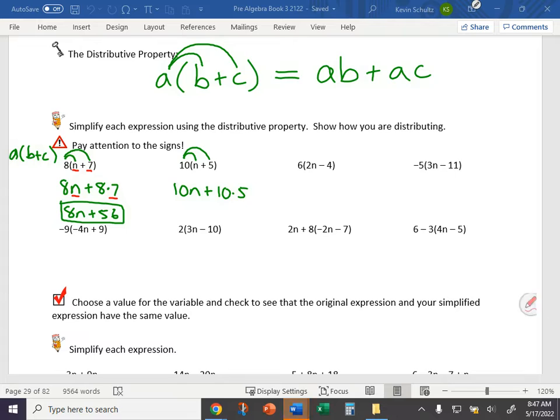Again, notice that what's inside our parentheses, n and 5, show up there. And that coefficient, what's outside, there it is there. Okay? So 10n plus 10 times 5. 10n we can't do anything with. What's 10 times 5? 50. And so 10n plus 50 is your expression.